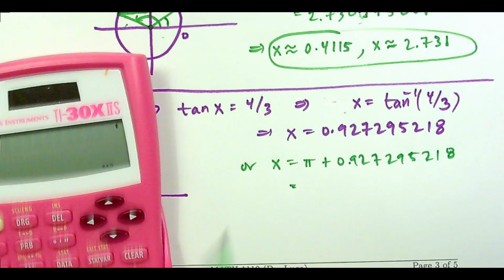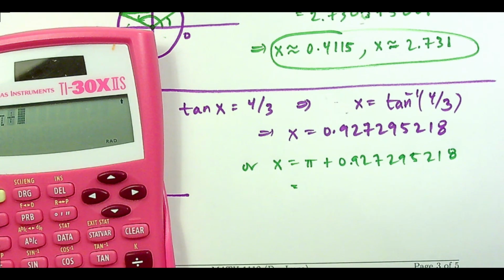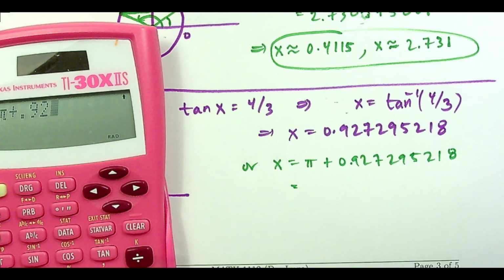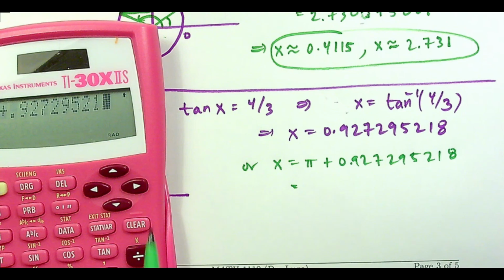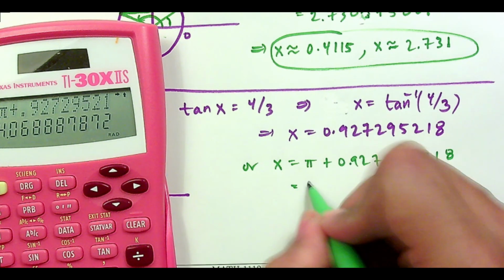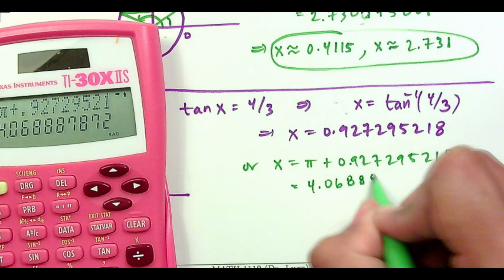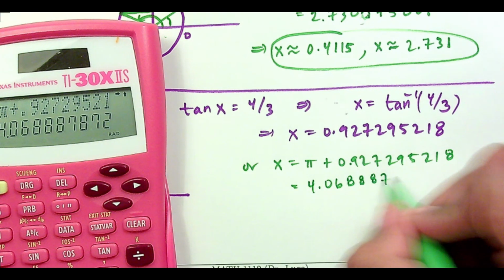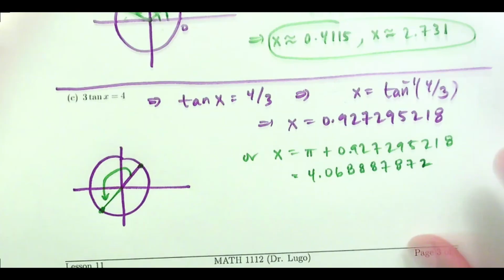So we don't really even have to think about this one. Just add pi. So this is going to be 4.068887872. Okay, now I'm done.